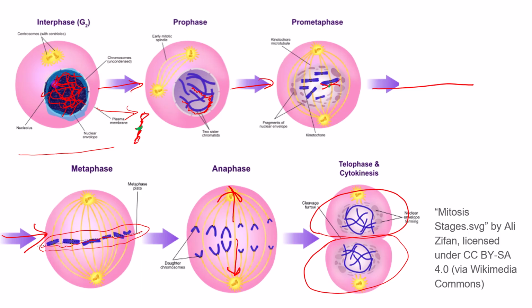This is how cells split apart and make copies of themselves. And do you remember what it is called? It is called mitosis.